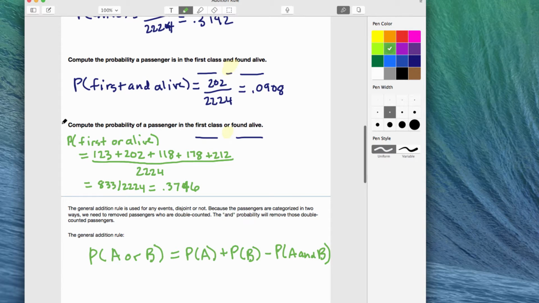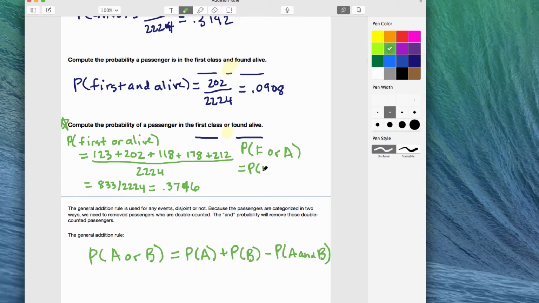I can now go back to this problem, which was the key here. Find the probability that the passenger is in the first class or found alive. I can take the probability of first or alive. I'm going to abbreviate F's and A's.